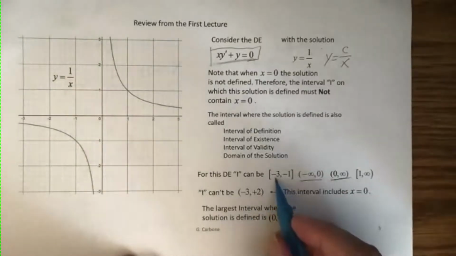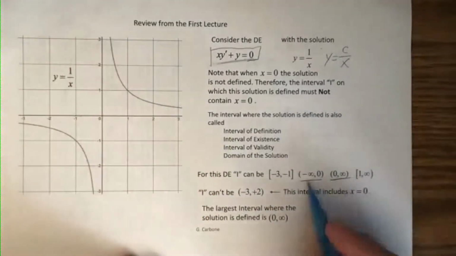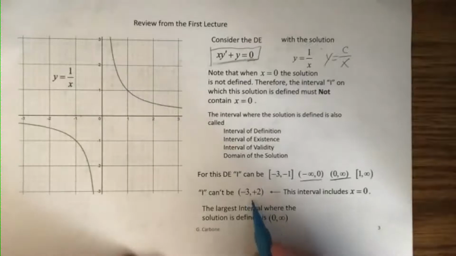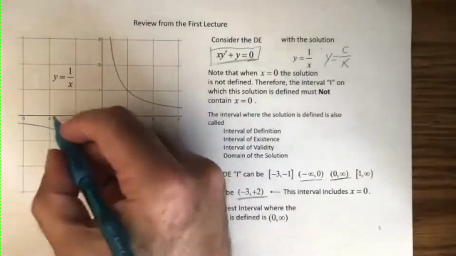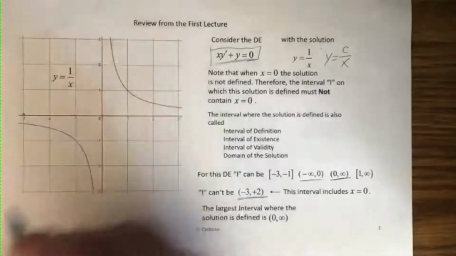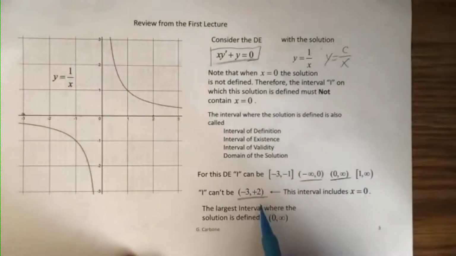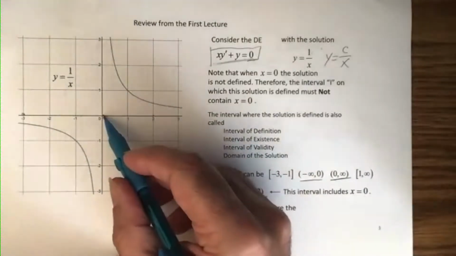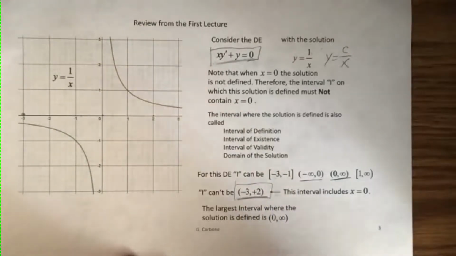So -3 to -1 is a valid interval, right? These happen to be the largest, and we can't have an interval that includes 0. So in other words, if I had a -3 and a 2, this is going to go through 0, so this is not a valid interval.